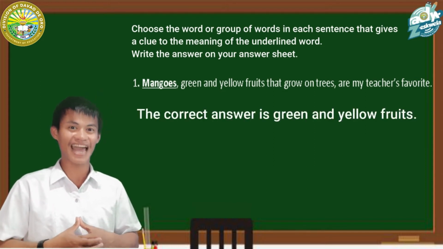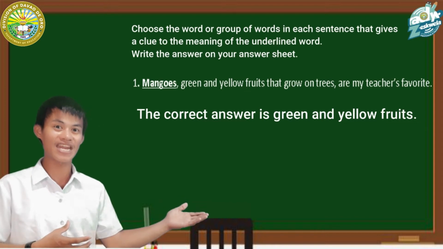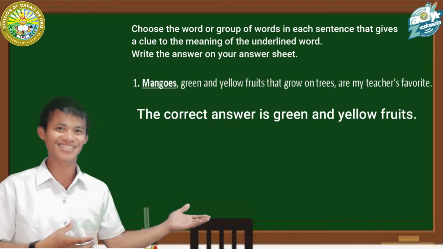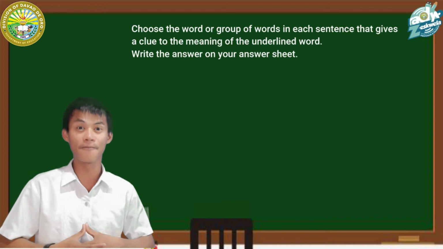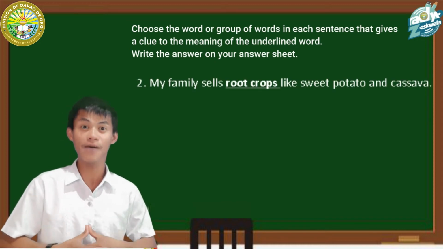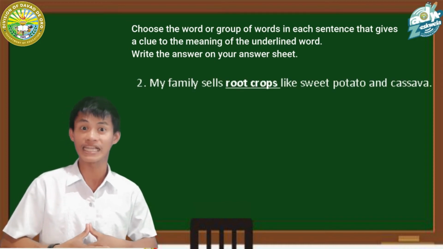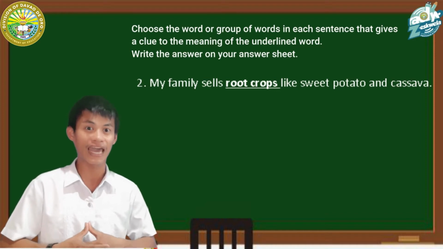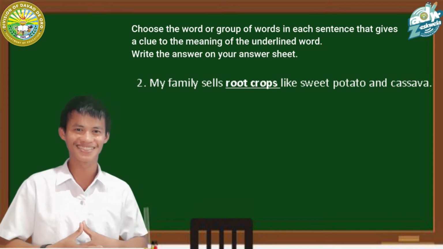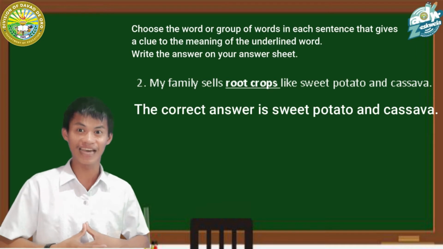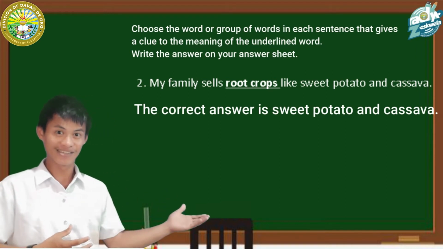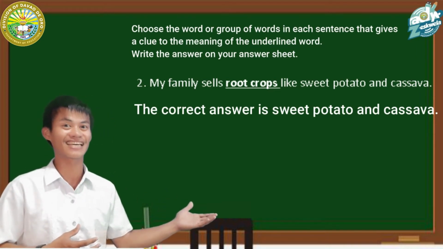The correct answer is green and yellow fruits. Number 2. My family sells root crops like sweet potato and cassava. The correct answer is sweet potato and cassava.